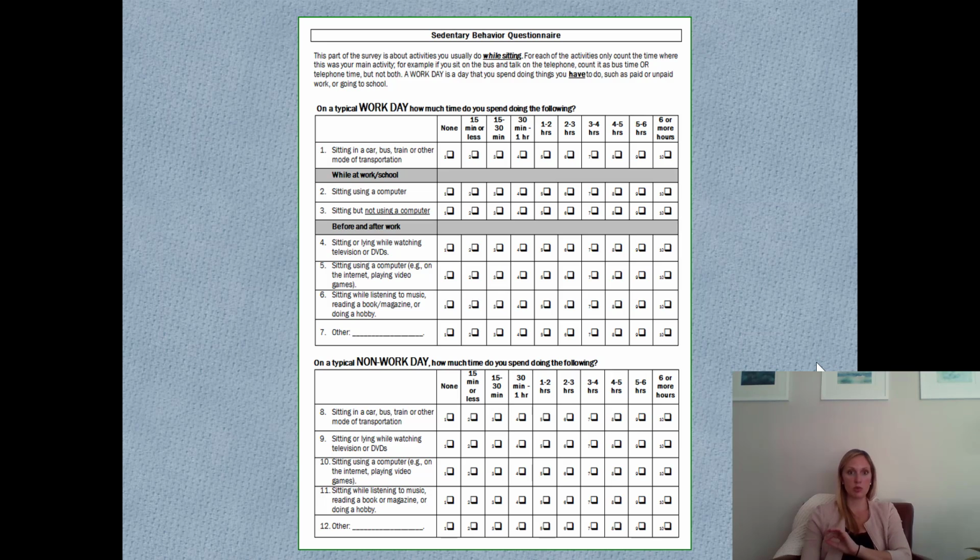I have a schedule that varies a lot, and so it would be really hard for me to pick an average time that I was doing any one of these activities. So this is just an example of a survey that has a high cognitive processing load, and there's much worse surveys. I don't want you to get the wrong idea that this particular example is really bad. It's just one example, but these things can be really tricky.